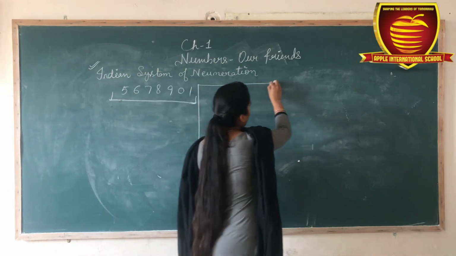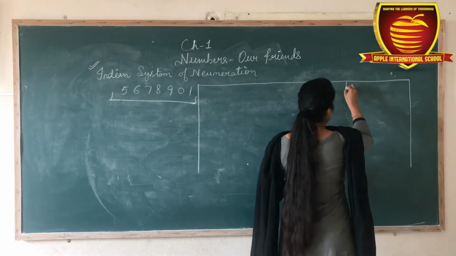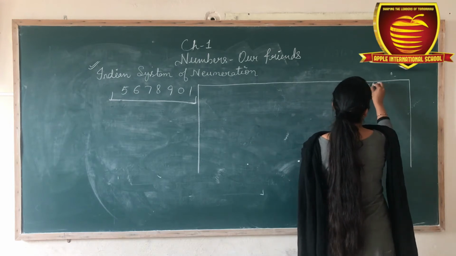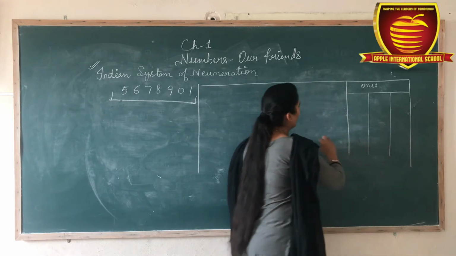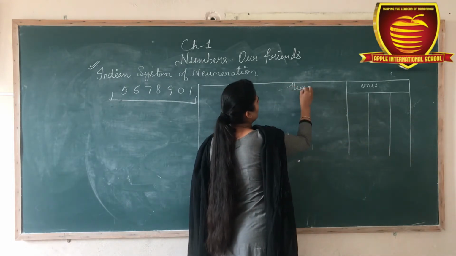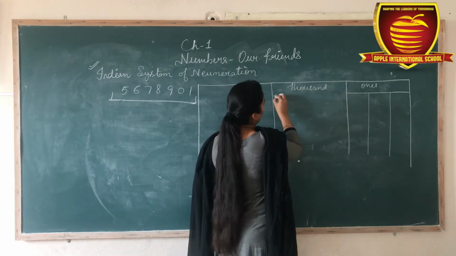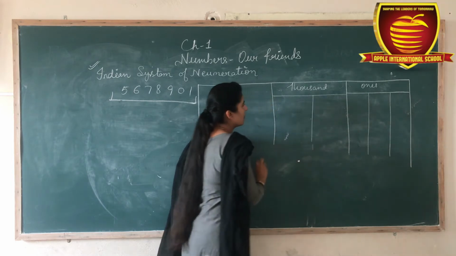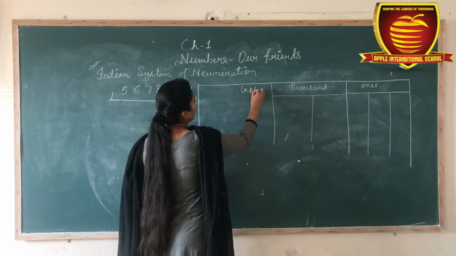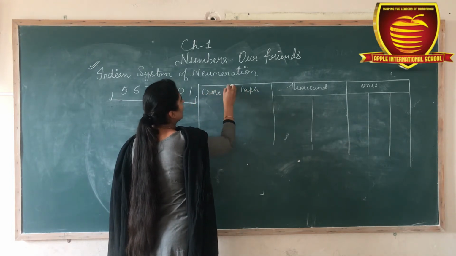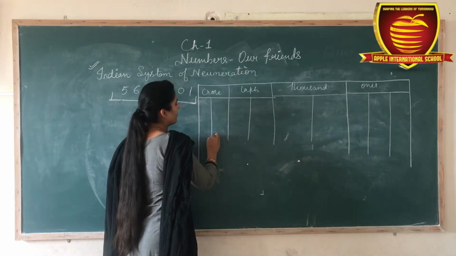Firstly, I make a chart of the Indian system of numeration. The ones place has 3 columns. Next, the 1000 place has 2 columns. Next, lakh.